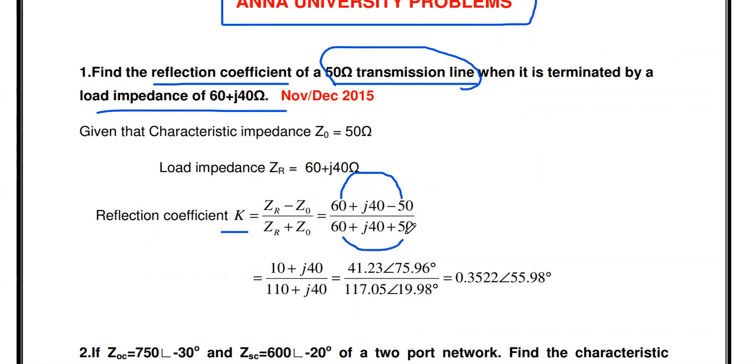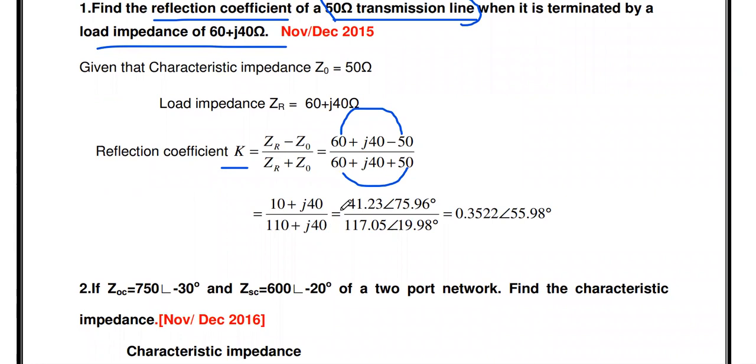Similarly in the denominator, 60 plus 50 gives 110 plus j40. The numerator and denominator are in rectangular coordinates. If the complex mode is available in your calculator, you can directly divide rectangular by rectangular. If it is not available, the other method is as follows.